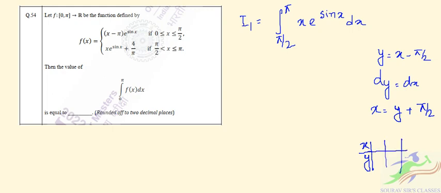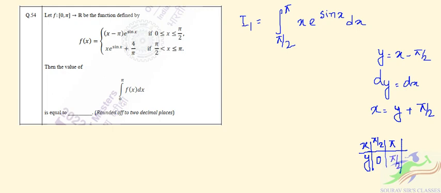now when x is equal to pi by 2, y will be 0. When x is equal to pi, y will be pi by 2.